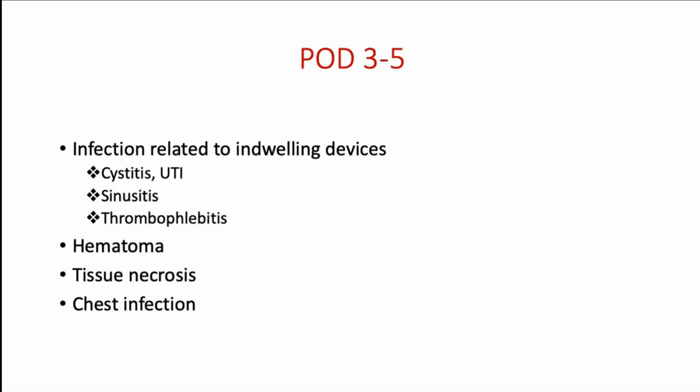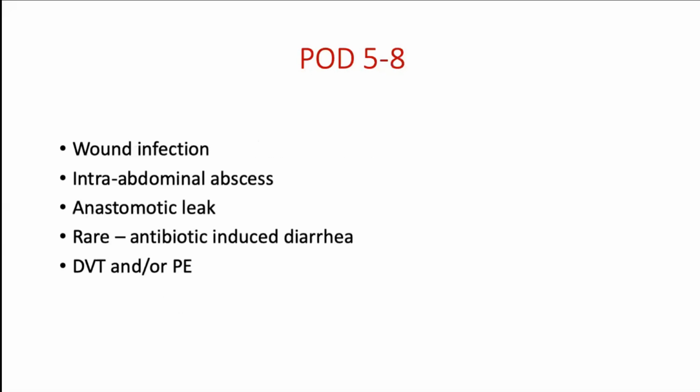Thrombophlebitis may occur if a peripheral vein is in use for more than 48 hours or there is some spillage in the local area. Then hematoma in the wound or in the abdominal or thoracic cavity can develop infection and cause fever from POD 3 to 5. Tissue necrosis and chest infection may be present within 3 to 5 days of any surgery.